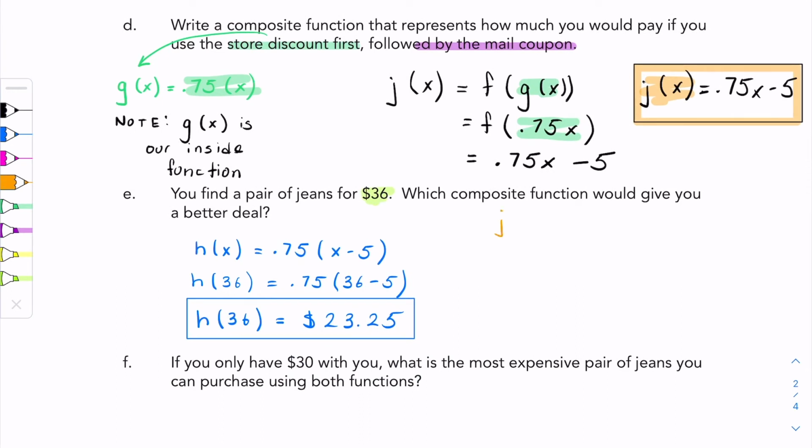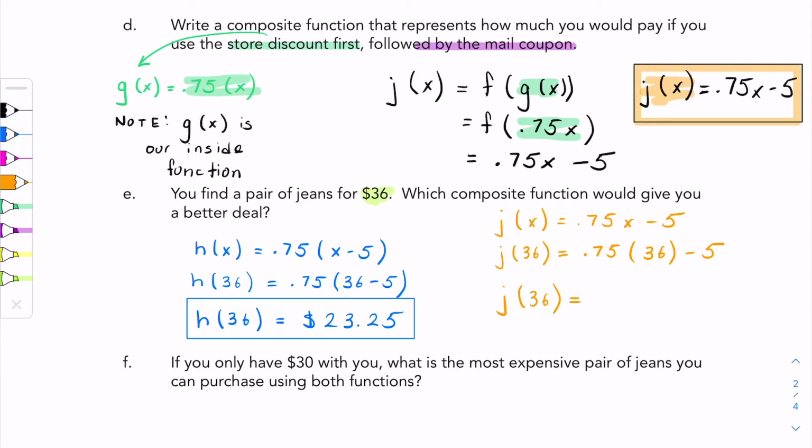If we use the j of x function, which is 0.75 times x minus 5, and we substitute in 36, we get 0.75 times 36 minus 5. So 0.75 times 36 is 27, minus 5 is 22.